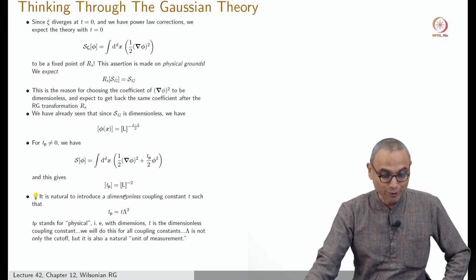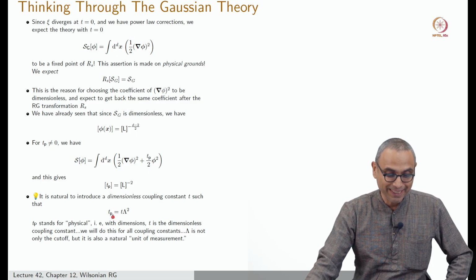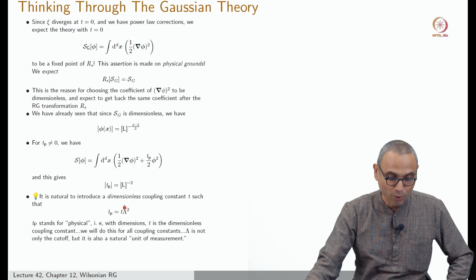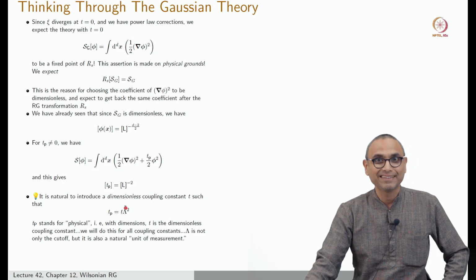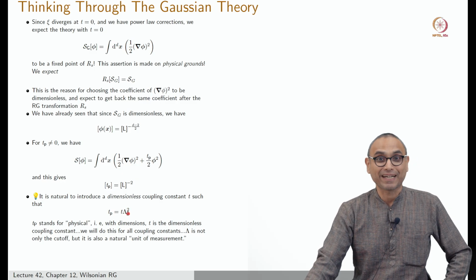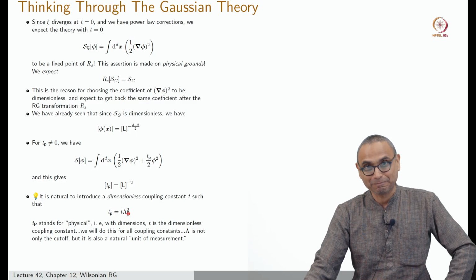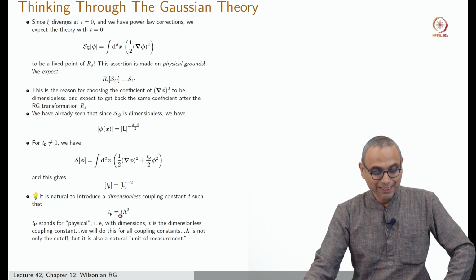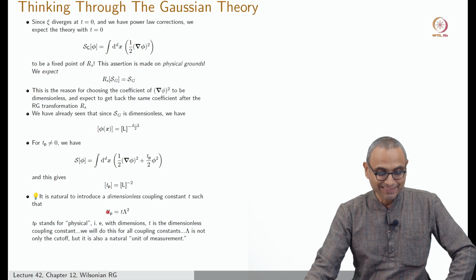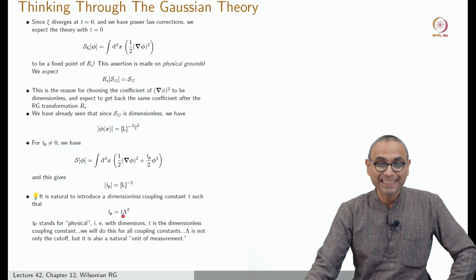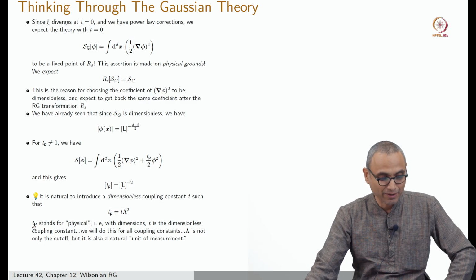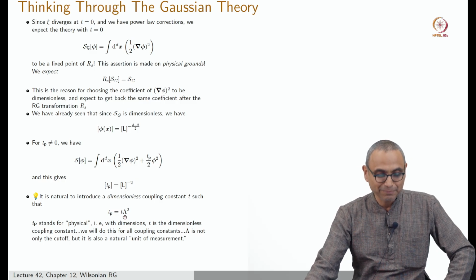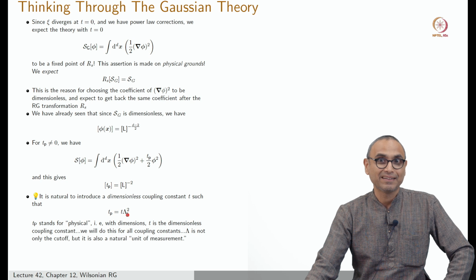So you see it goes as L to the power minus 2. Therefore I can say that t_p is some dimensionless quantity little t times lambda square, length inverse square, right. So I am now characterizing this term by little t, which is a dimensionless coupling constant, times lambda square.